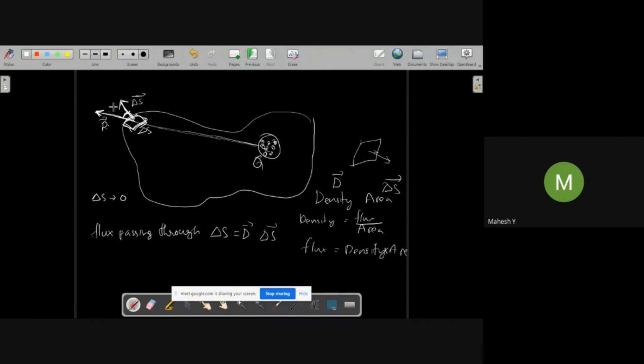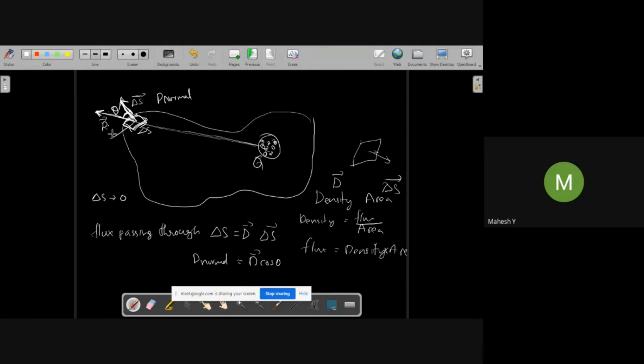So if the angle is theta, the component of D perpendicular to area, I can call it D normal. D normal is equal to D cos theta.